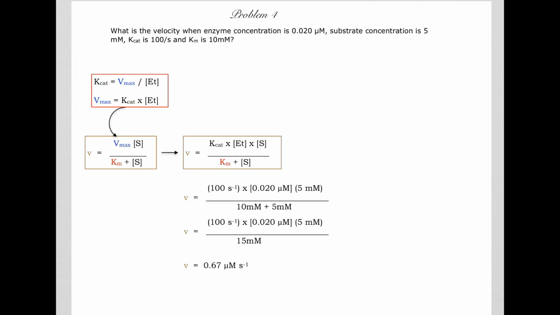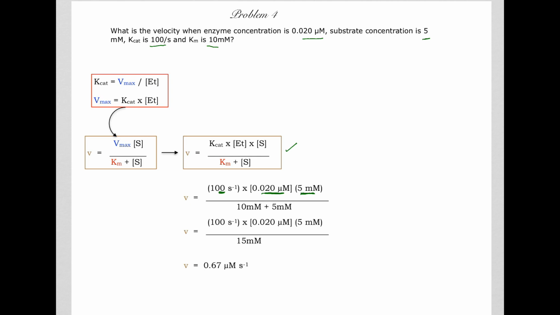So we have this formula, and now we plug in the numbers. kcat is 100 per second. Enzyme concentration is 0.020 micromolar. Substrate concentration is 5 millimolar.